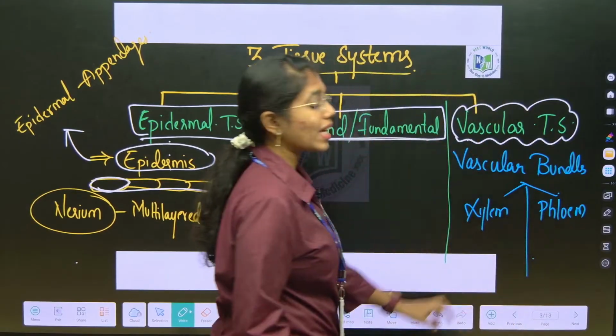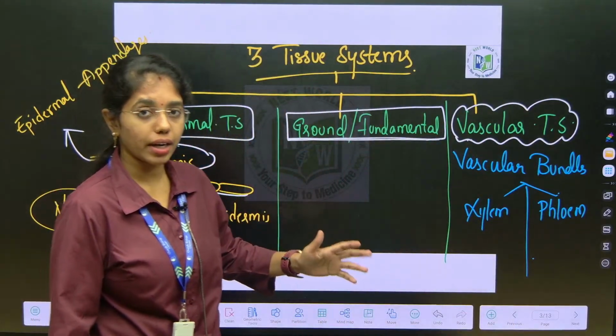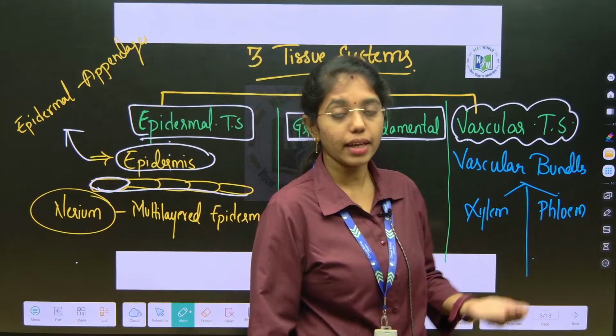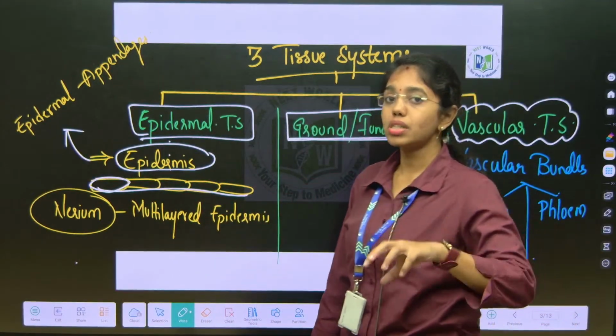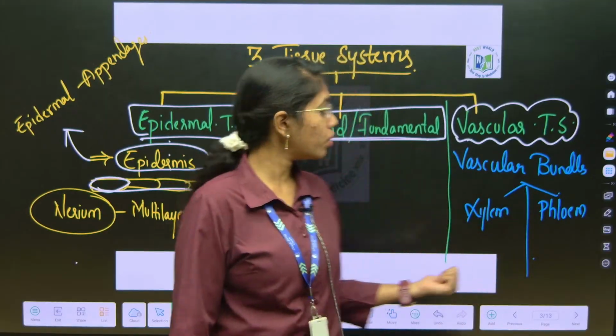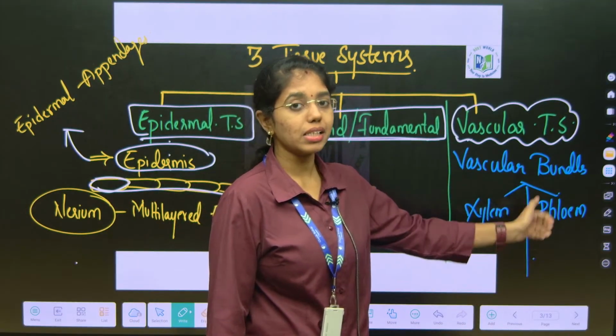This vascular bundle arrangement will be different, like conjoint, collateral, radial, bicollateral, in the root, stem and leaf of different plants. We will look into different types of vascular bundles in the coming slide.